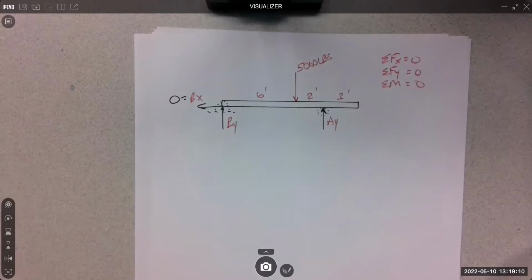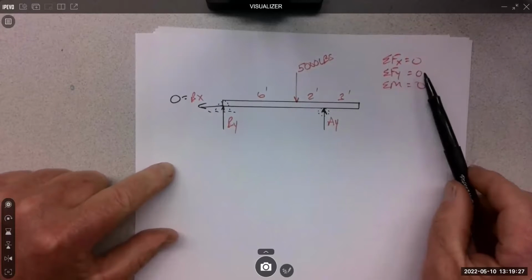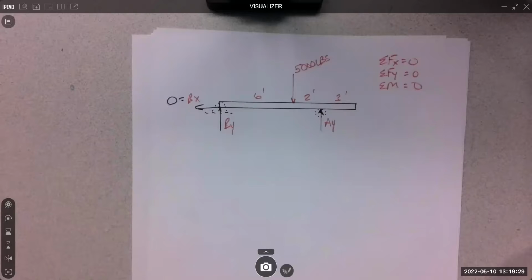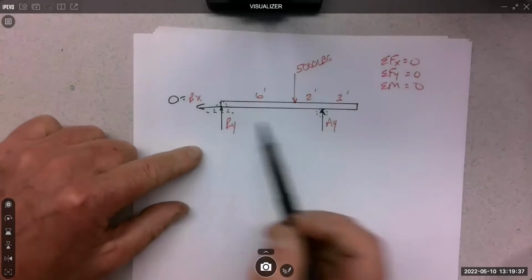A lot of times this is true if we're not thinking about wind or seismic, okay? And we're not thinking about seismic yet. All right, so then what do we do? We can think about forces in the Y, but how many unknowns do we have? 2. So no need to go there. You'll just end up with an equation with 2 unknowns. That means we've got to do a moment somewhere to try and get BY and AY.